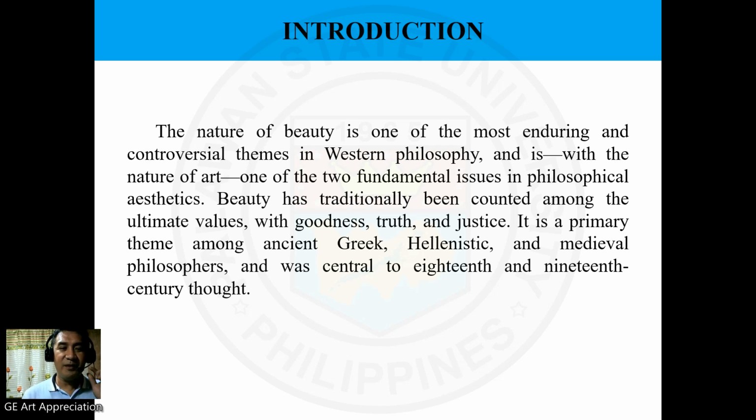It is a primary theme among the ancient Greek, Hellenistic, and medieval philosophers, and was central to 18th and 19th century thought. So, today we will learn the Western view of beauty, how they look at beauty in the Western concept of art.